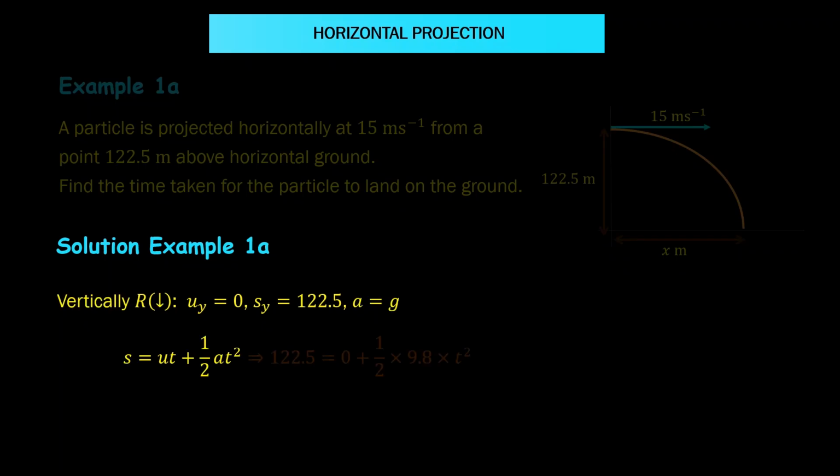So we're going to apply this equation of motion, s equals ut plus a half at squared, and plug in all the values. This will allow us to calculate the time taken.